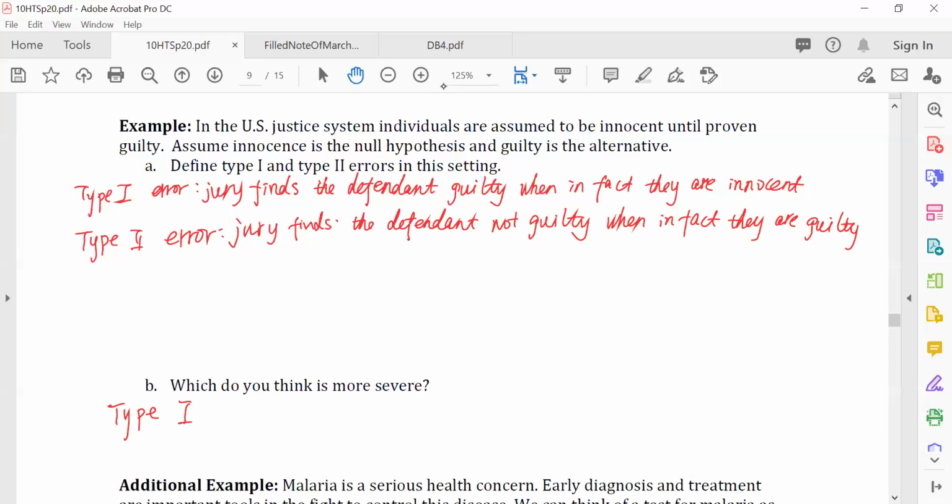We'd rather set some criminals free because we couldn't really have enough evidence to support that he's guilty instead of putting innocent people into jail. So actually our justice system is designed to limit the type 1 error.